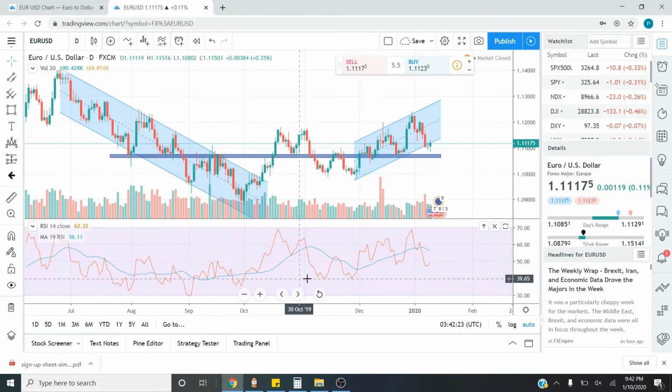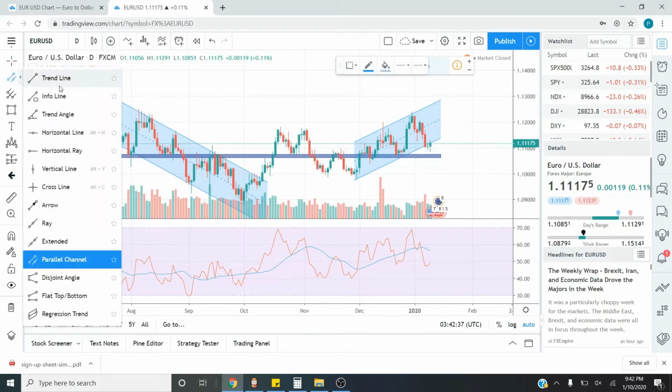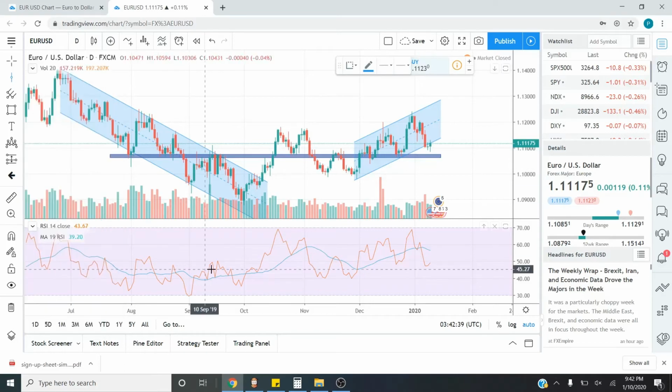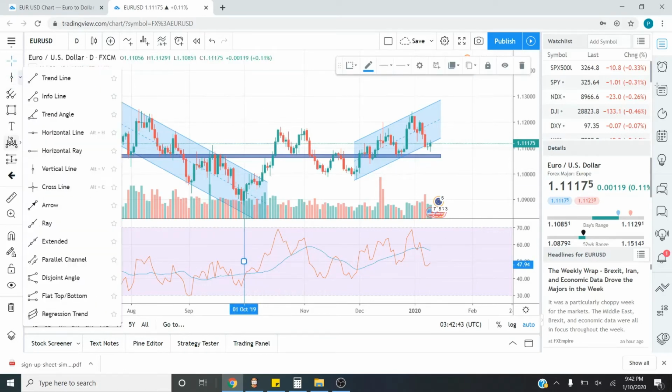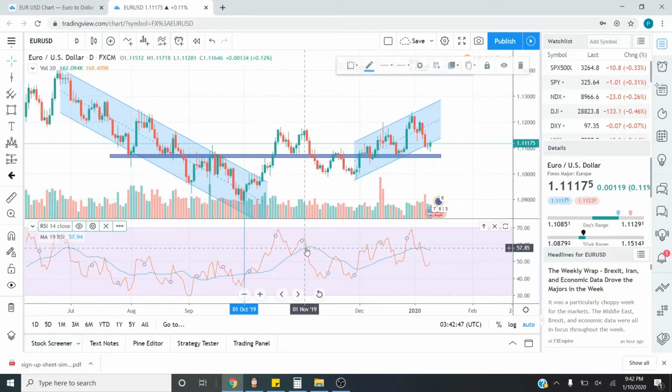So a cool way to use this MA RSI combo is when the real RSI line is above the moving average signal. Typically, you want to look to go long. So you can see, for example, right here, I'm going to go ahead and get a vertical line. We have a crossover happen right around here, and then that crossover ends in this section.